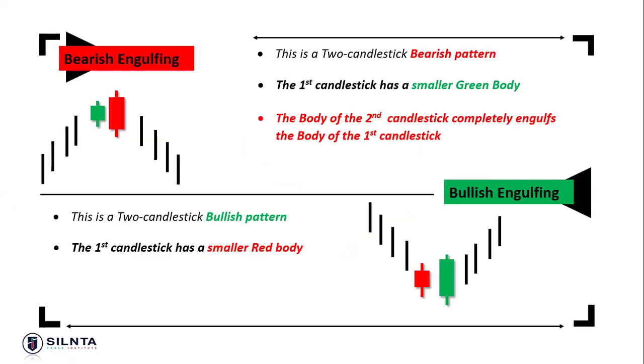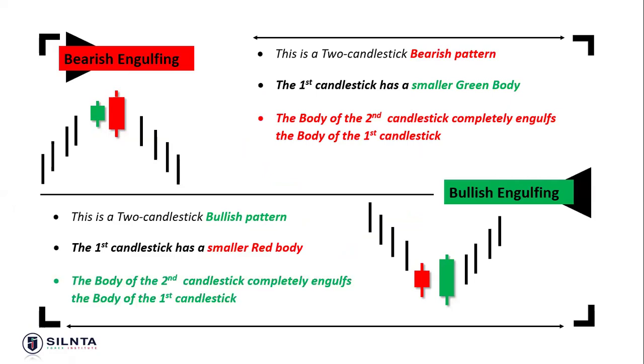The first candlestick has a smaller real body. The body of the second candlestick completely engulfs the body of the first. First, we have a red one. Then the second is a green one, which completely swallows the previous candle.